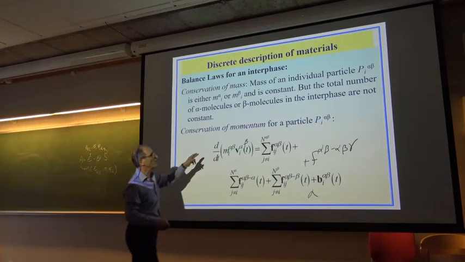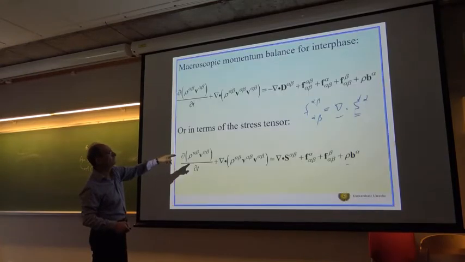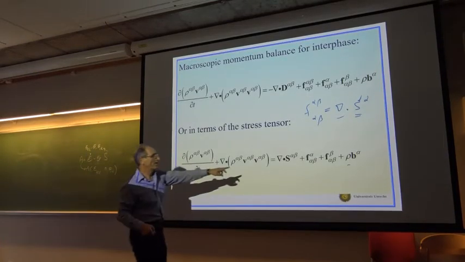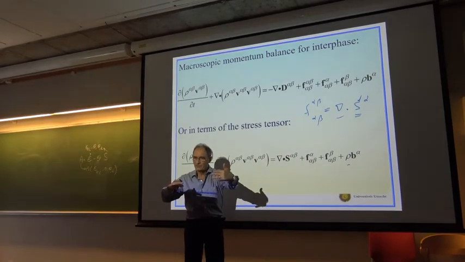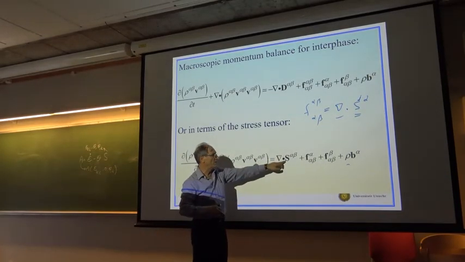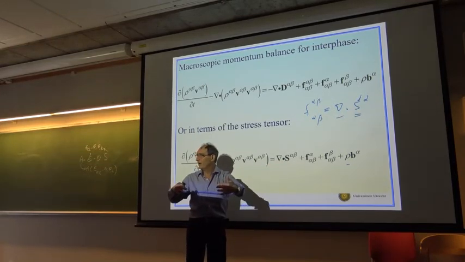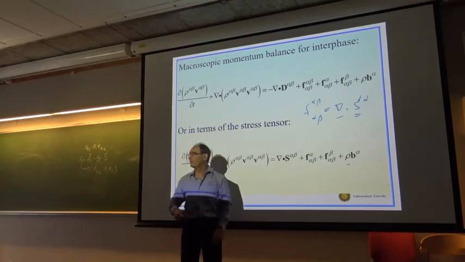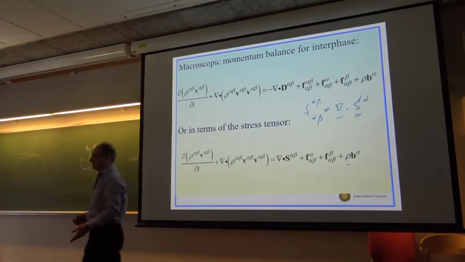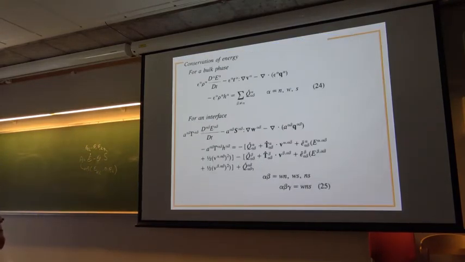And the same for the interfaces, that the truly interfacial stresses could be defined per unit area. This is per unit area of space. So you multiply this instead by interfacial area. Very good. And that's what indeed appears here.